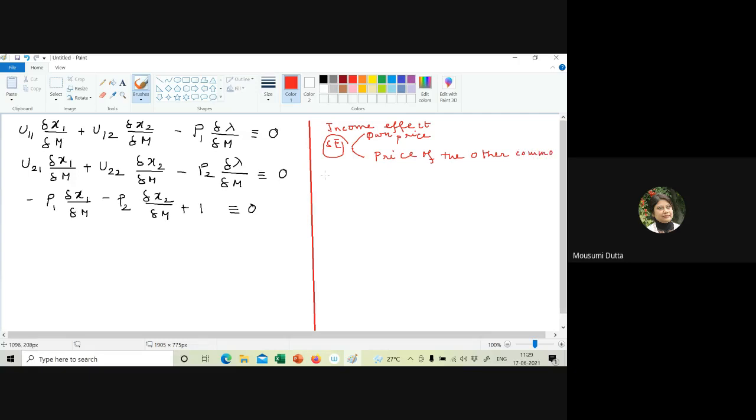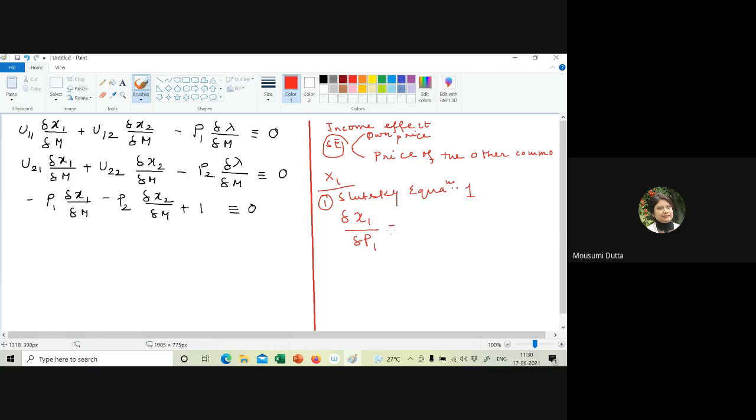So if I start with, say, first commodity, X1. So for X1, where total effect will be considered in terms of own price.